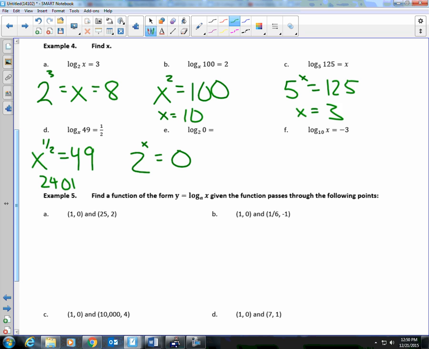The next one, 2 to what power is 0? 2 to the 1 power is 2. 2 to the 0 power is 1. No solution. Why?